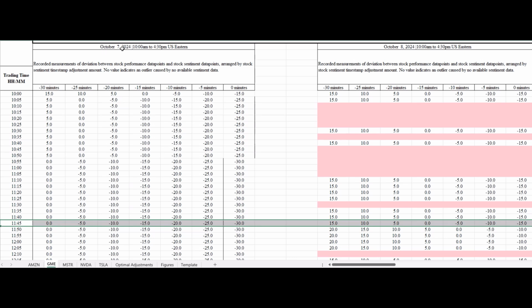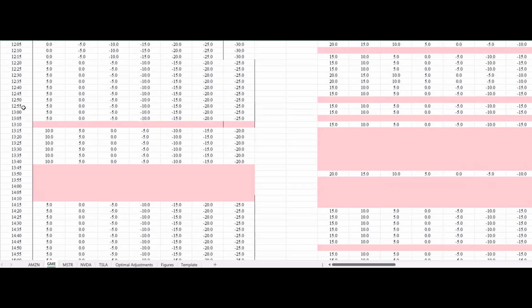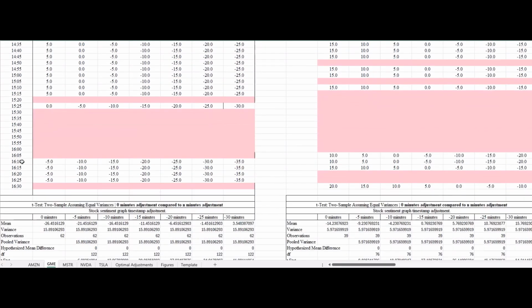So for each day of trading, we started our observations at 10 a.m., which is 30 minutes after the beginning of trading, and that's to allow for up to 30 minutes of adjustment. And then we continued through what would be 4:30 p.m., which is 30 minutes after the end of trading, and again to allow for 30 minutes of adjustment.